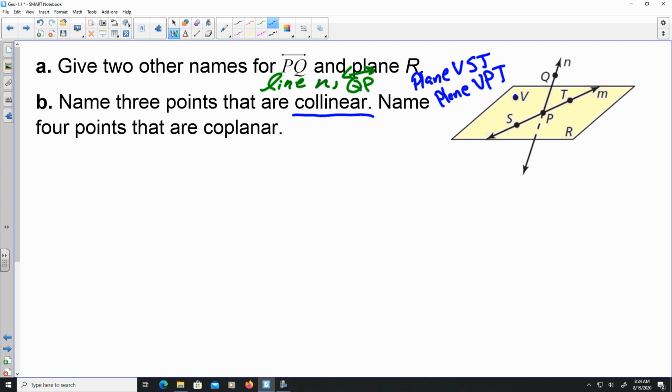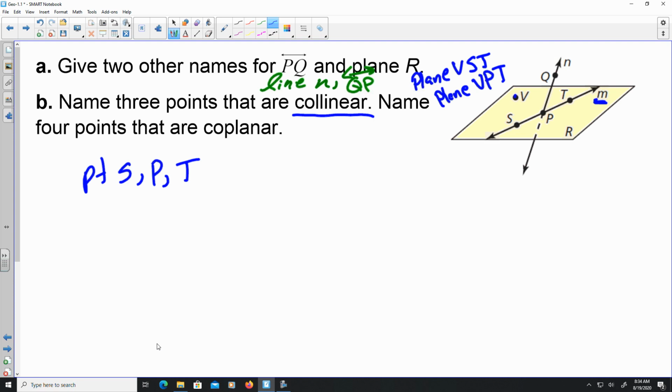So to name 3 points that are collinear, I would look at line M for this example, because the points that are collinear would be S, P, and T. Those 3 points are collinear. They're all on line M.